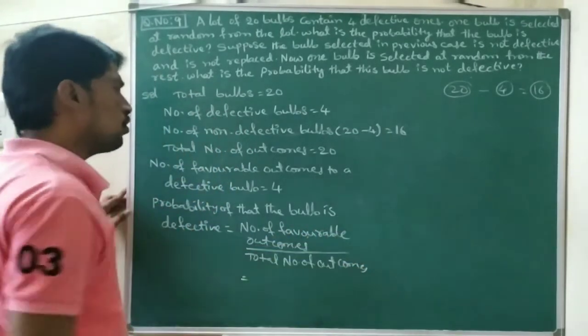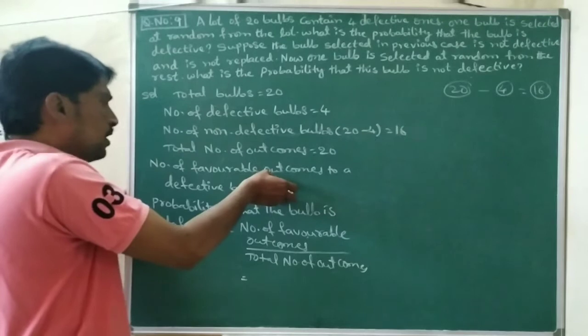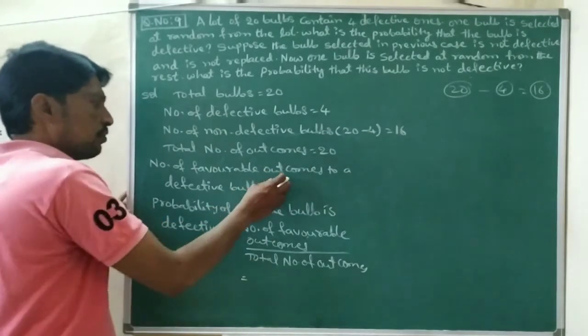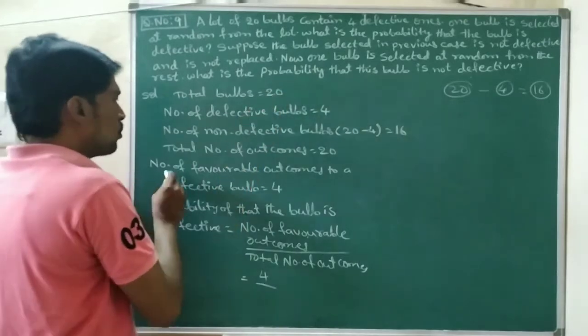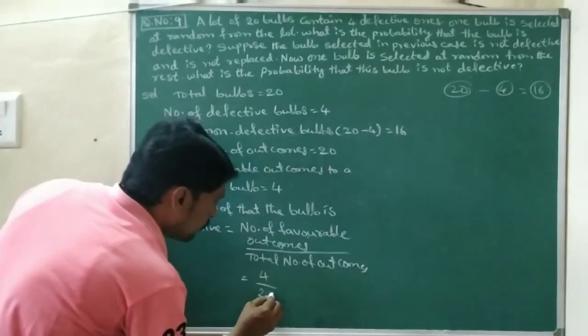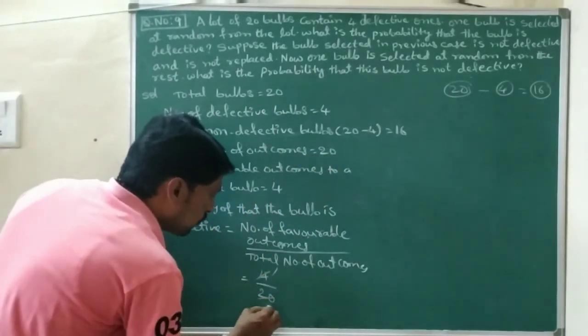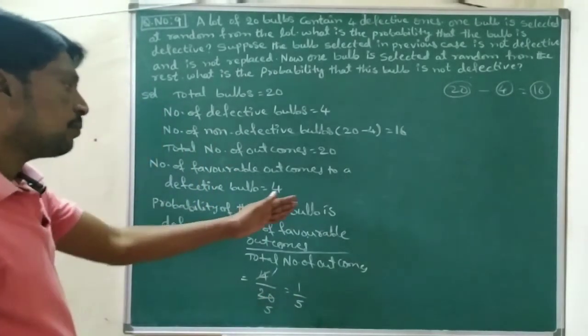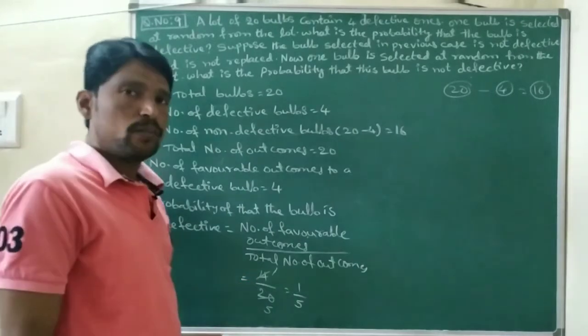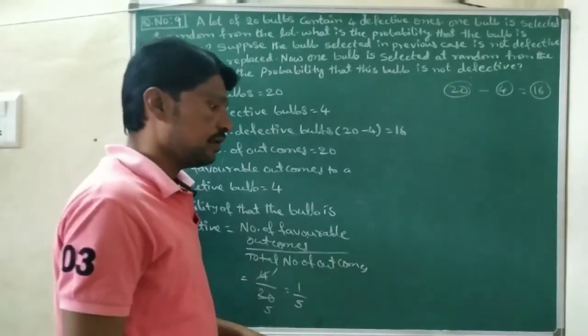So number of favorable outcomes, how many here? Only defective ones we need to take. Defective one is 4 by total outcomes. Total outcomes how many here? That is 20. So 4 ones are 4, 4 fives are 20, that equal 1 by 5. So probability that the bulb is defective is 4 by 20 or 1 by 5.